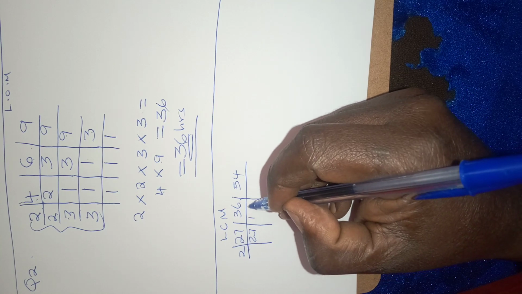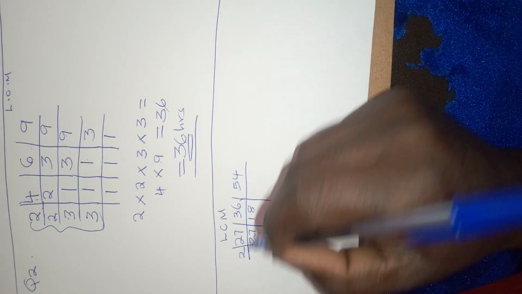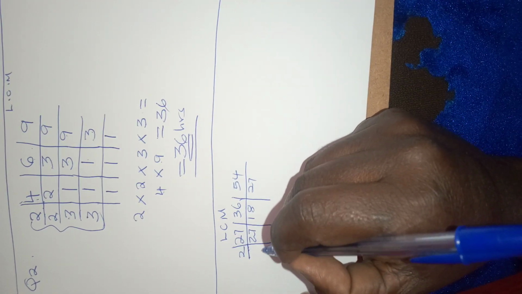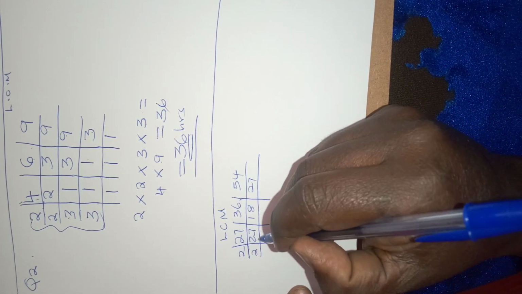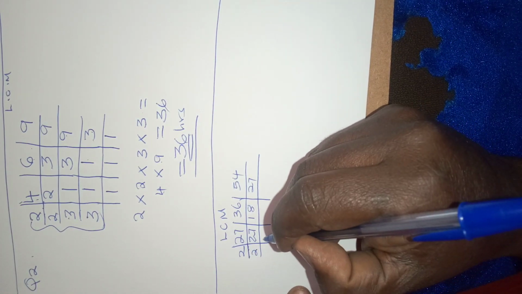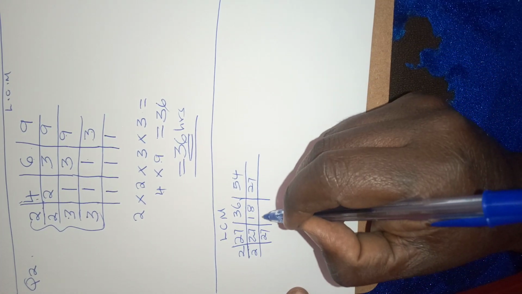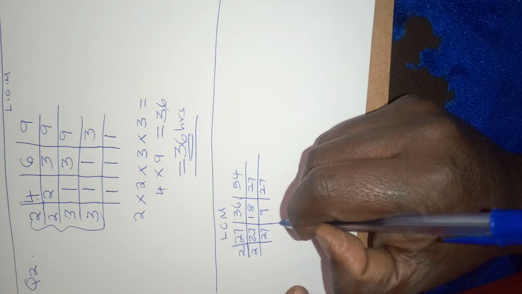We can divide 36 by 2 into 18 and 54 divided by 2 into 27. Again, we can use 2, but we cannot divide 27 by 2, so it remains as it is. But we can divide 18 by 2 into 9. We cannot divide 27.